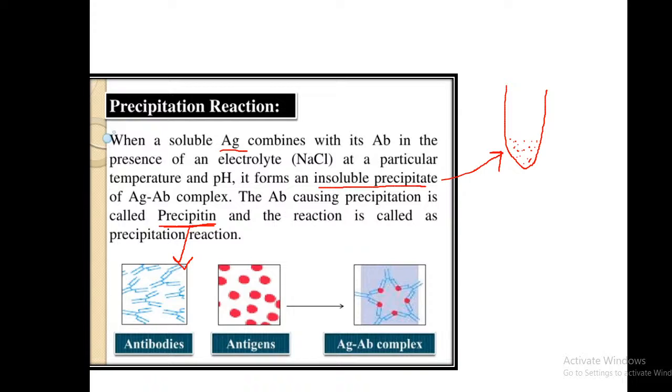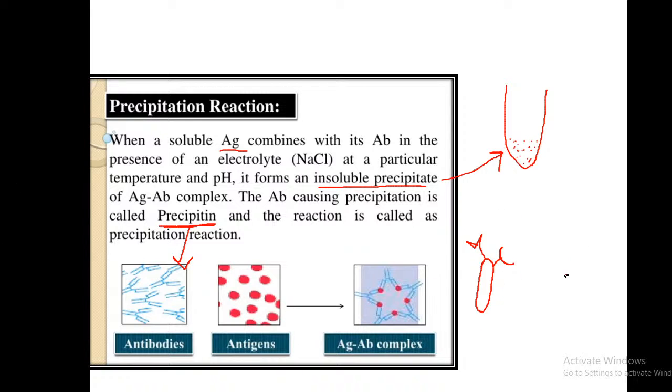Formation of an antigen antibody lattice depends on the valency. Whether the antibody is multivalent or bivalent, the precipitate reaction will vary depending on it. An antigen can be bivalent. If this is an antigen, it can be bivalent. Bivalent means you can see a structure like this on top of it, and a structure like this too.